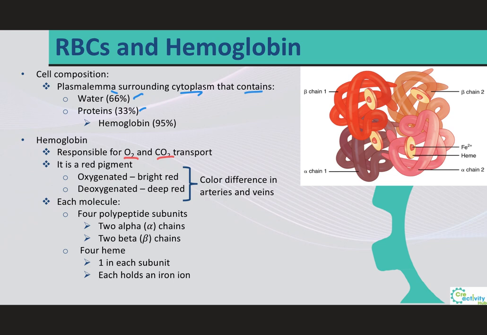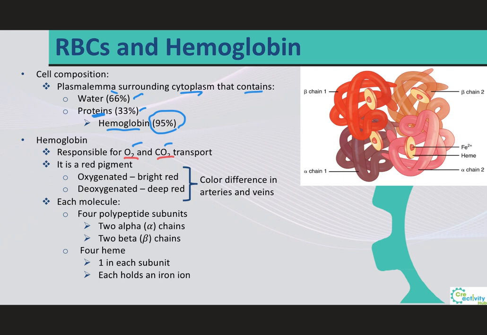Now, the main protein is going to be hemoglobin, which will represent 95% of the cell's protein. Hemoglobin is the protein that's going to be responsible for the cell's ability to actually transport oxygen and carbon dioxide.